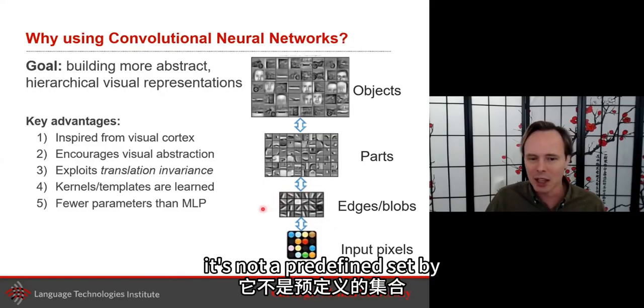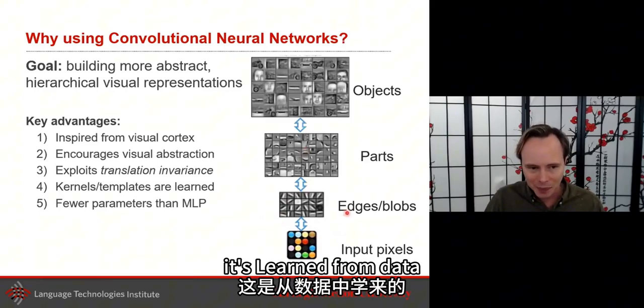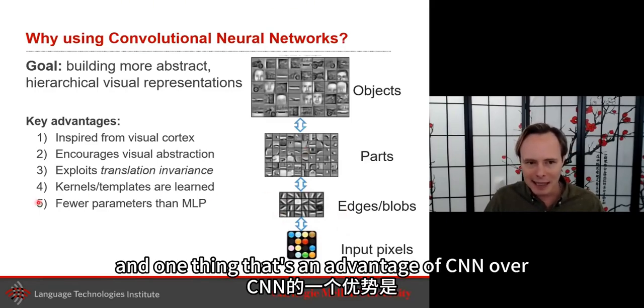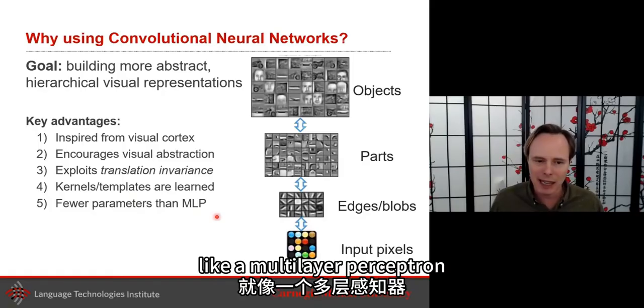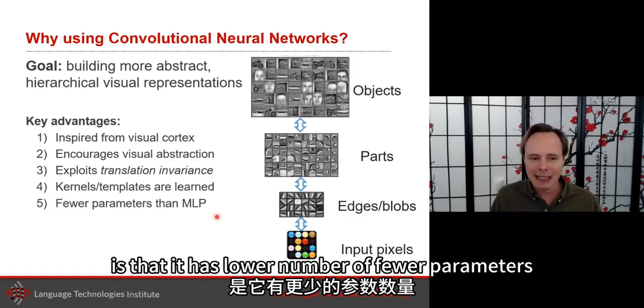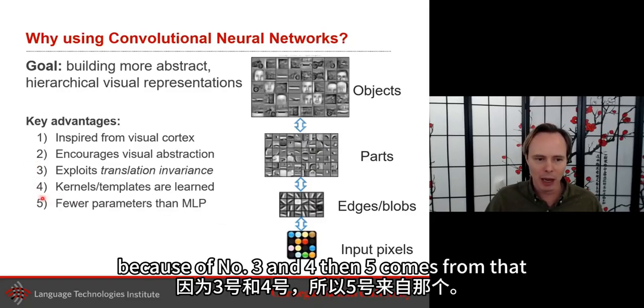These are learned. It's not a predefined set made manually by a human. It's learned from data. And one advantage of CNN over doing the same problem with a fully connected model like a multi-layer perceptron is that it has fewer parameters, and primarily because of these two. Because of number 3 and 4, then 5 comes from that.